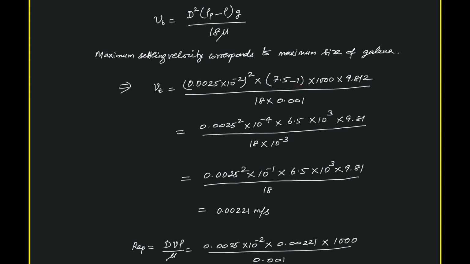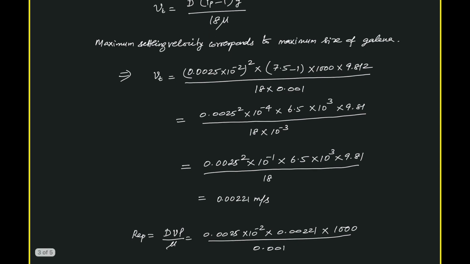Of course, we have converted from specific gravity to density difference, and 18 mu is that of water. Upon substituting everything, we get this velocity to be 0.00221 meter per second.